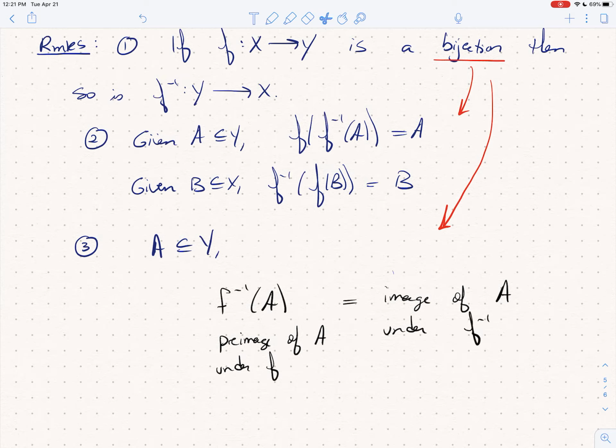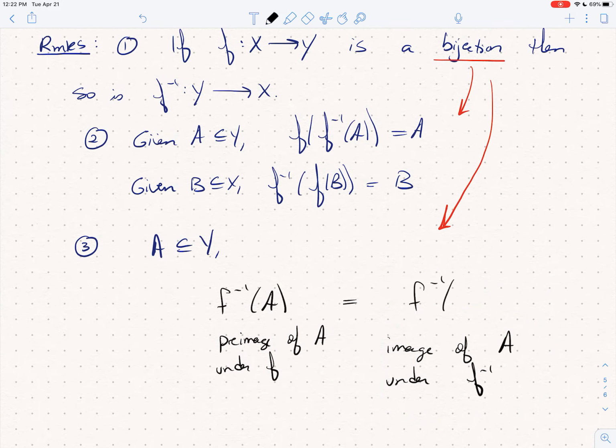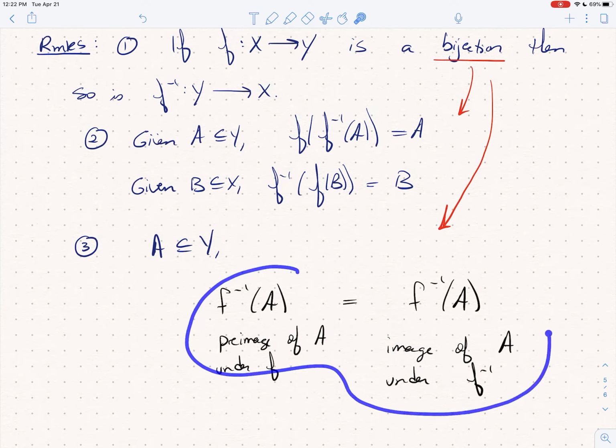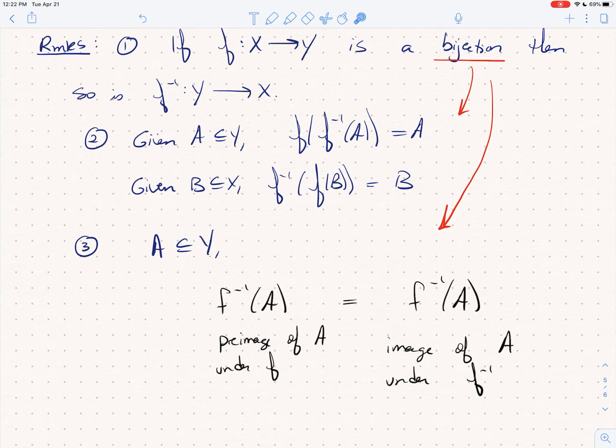I meant to write it in symbols first because they look the same, right? Is it the preimage or is it the inverse? Is it the image of the inverse image? It turns out they're the same when f is bijective. That's really important. You need to know that you have a bijection. I'm not going to prove that. I would encourage you to play around with it, but you want to make use of this fact in the homework problems, and I don't want you to wonder about it. I wanted to go ahead and tell you that, yes, it's true.